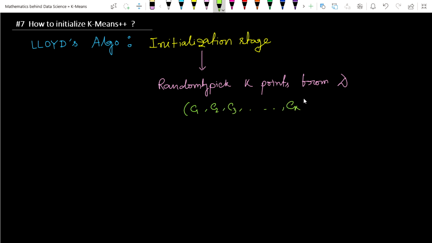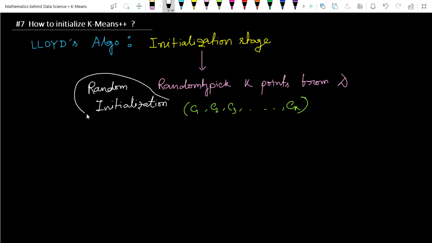We pick such k points from the data set D. This stage is called random initialization.